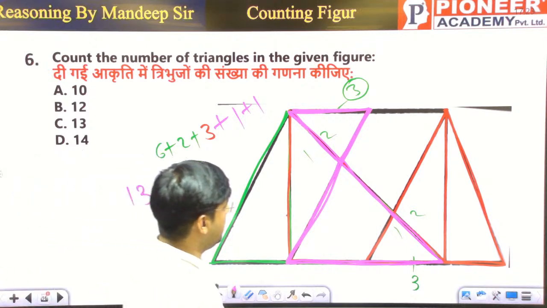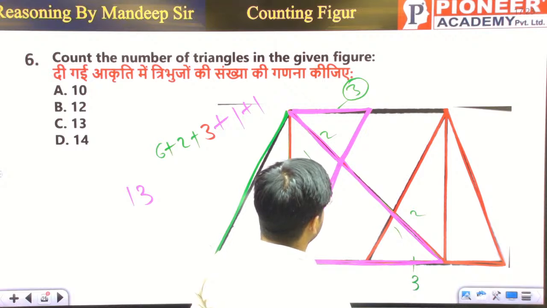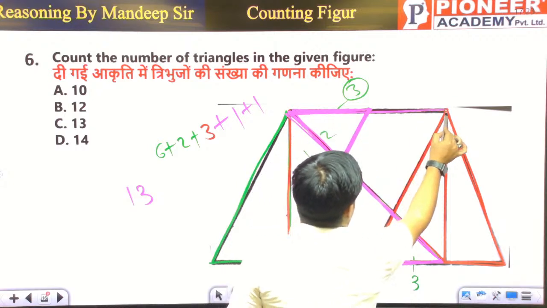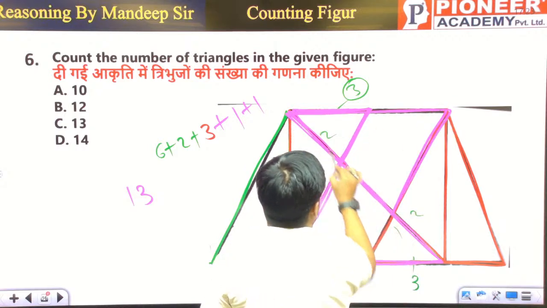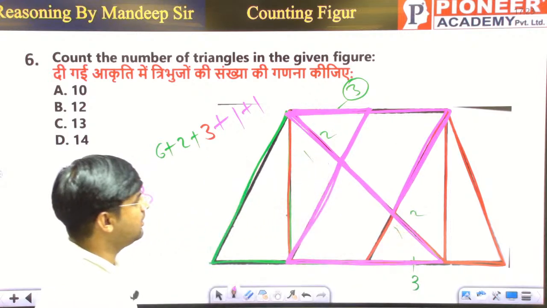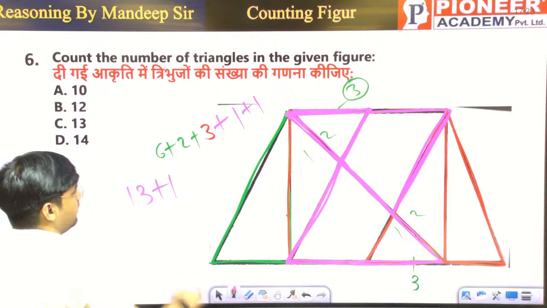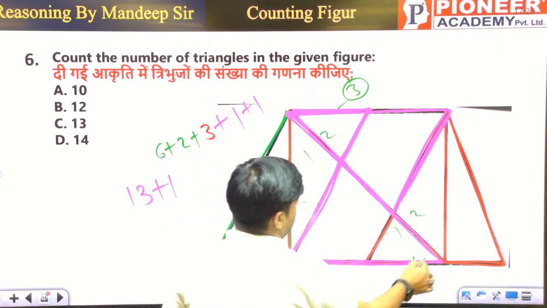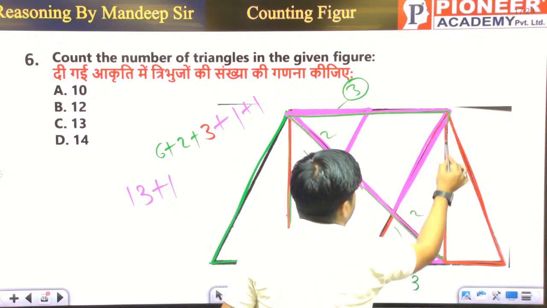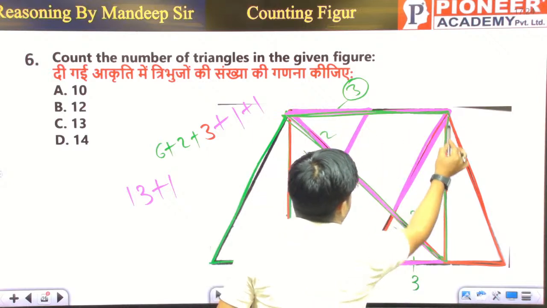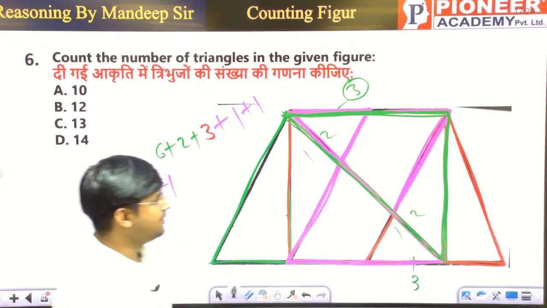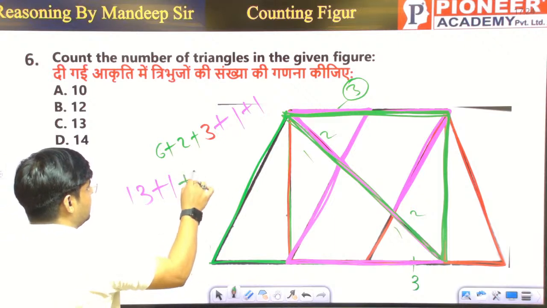We got 13, and it's also a triangle, plus 1, 14, and also a triangle, plus 1.